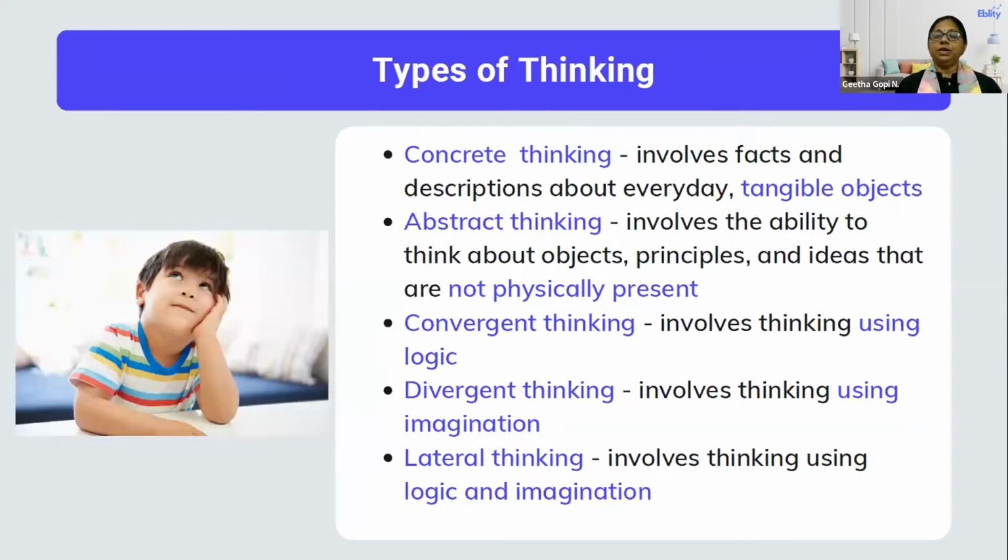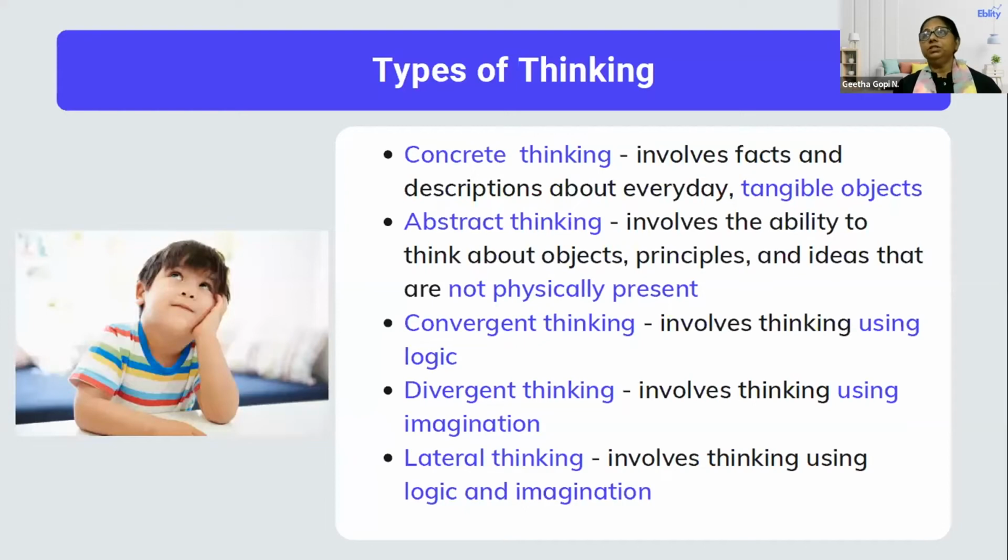Lateral thinking is where you use a combination of both. A lot of times in real life situations, if it is too much divergent thinking, you may go totally off on a tangent, and it may not be practical in community living.